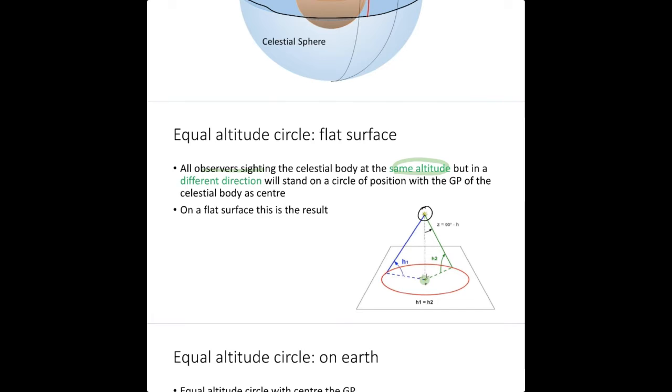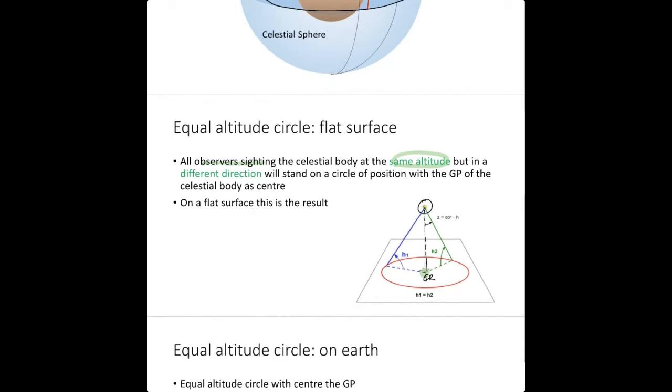If you find the celestial body's geographical position on the Earth, you see that all persons seeing the celestial body at the same altitude, this is altitude 1, this is altitude 2, but in a different direction, this is direction 1, this is direction 2, they all find themselves on the same circle.